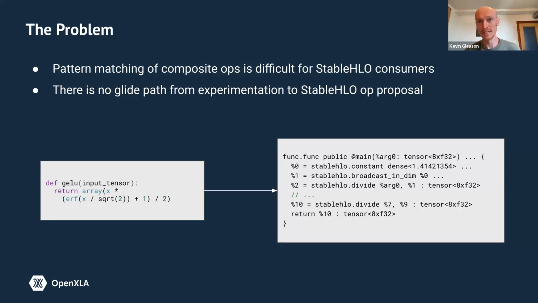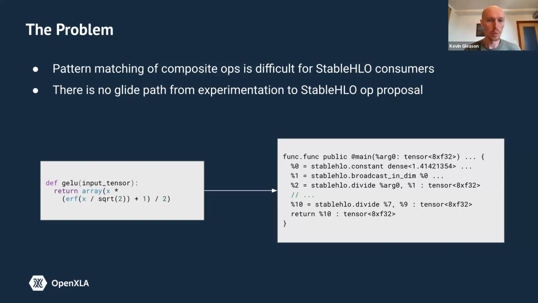And on the right, we can see that GELU function's representation in StableHLO. It's a bit lower level, and what we see is many consumers are doing some complicated pattern matching to try and reconstruct the higher level GELU abstraction. So pattern matching tends to be difficult. This is even one of the simpler examples of what people are pattern matching today.